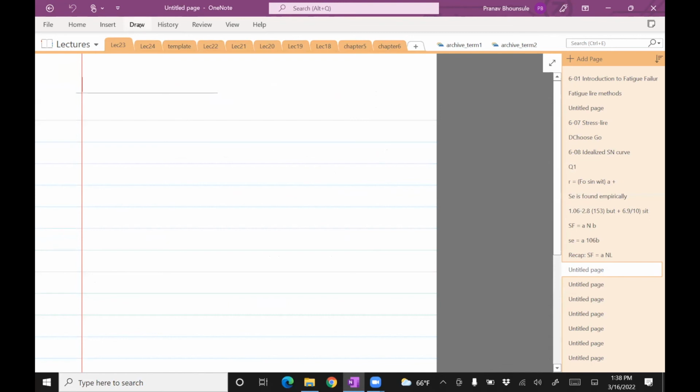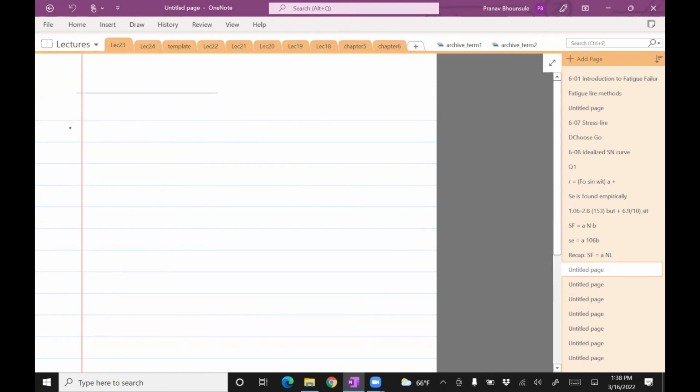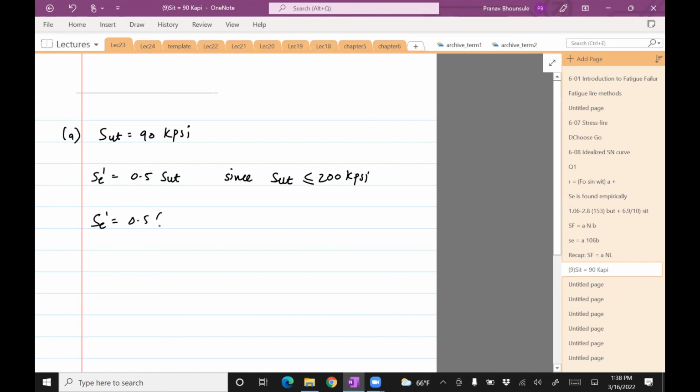So part A: SUT is 90 kpsi. SE prime is 0.5 SUT since SUT is less than 200 kpsi. So SE prime is 0.5 times 90, that's 45.